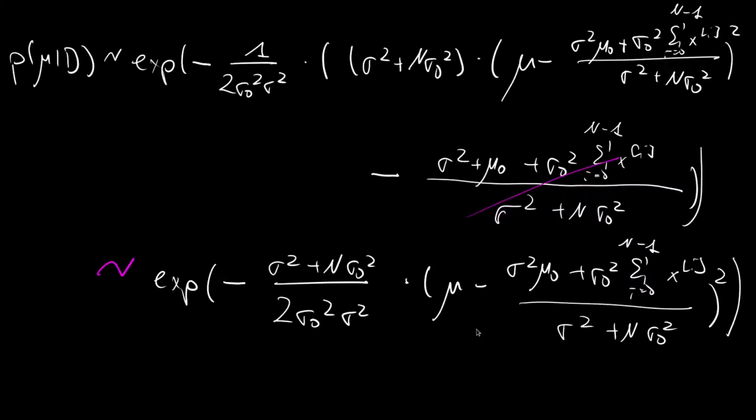And I hope that it is now clear what I meant by we do a couple of proportionals and then we arrive at a functional form which looks like something that we know.